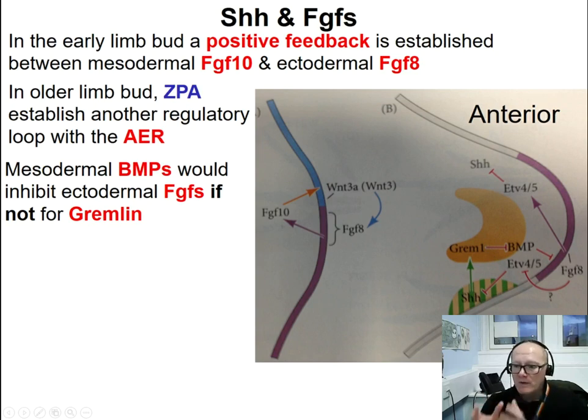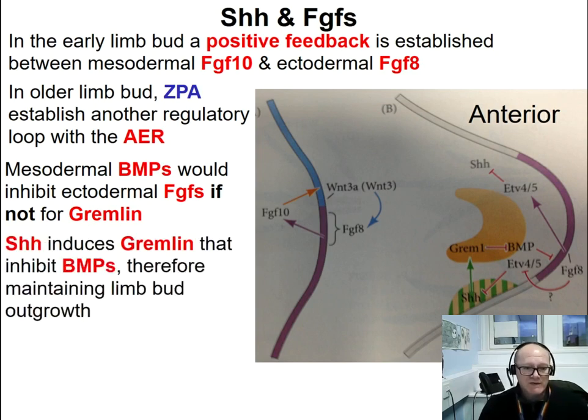And therefore, the apical ectodermal region can easily express FGF8, which would otherwise be blocked by BMP. So SHH induces gremlin, gremlin blocks BMP, and therefore FGF8 is active, and this promotes the outgrowth of the limb bud.